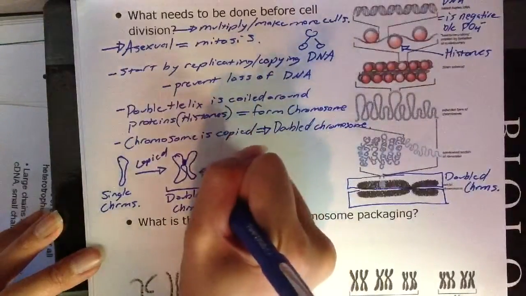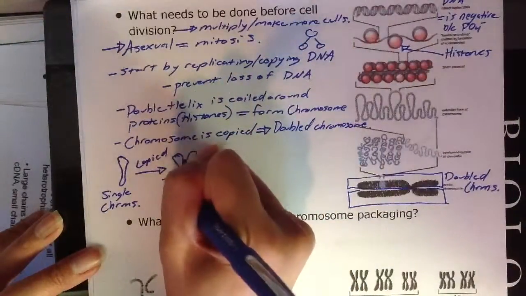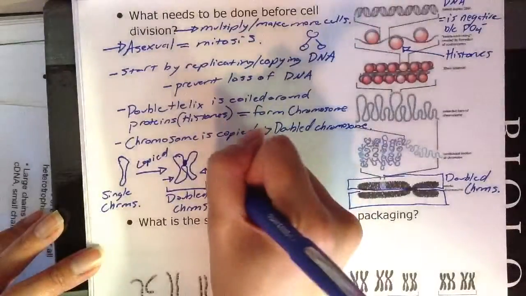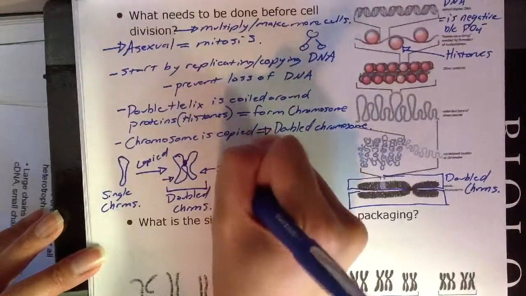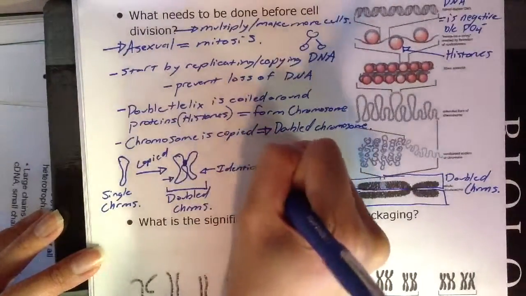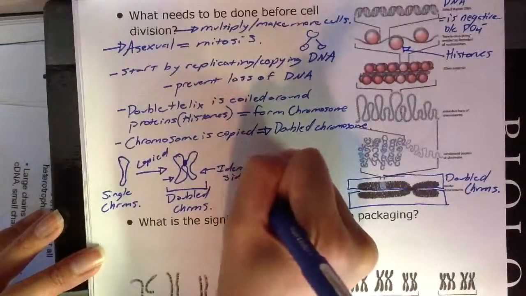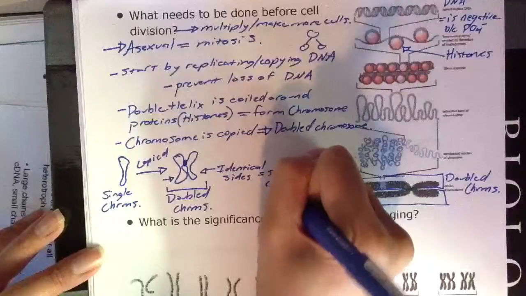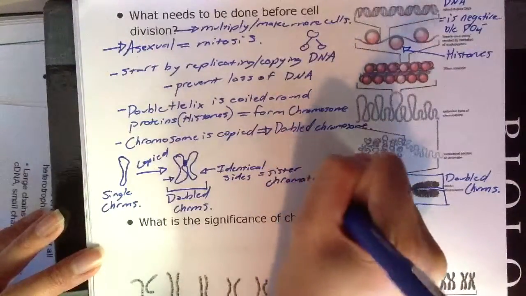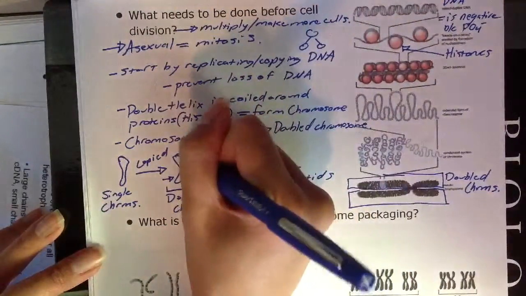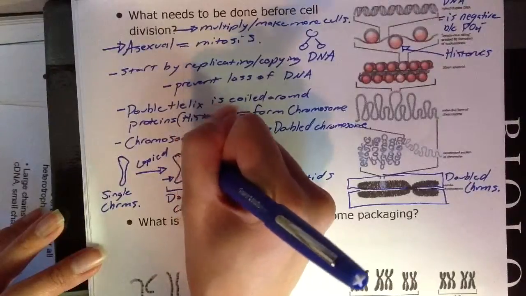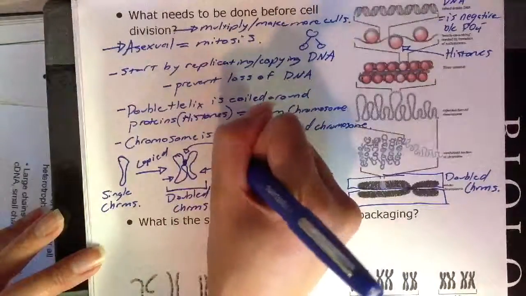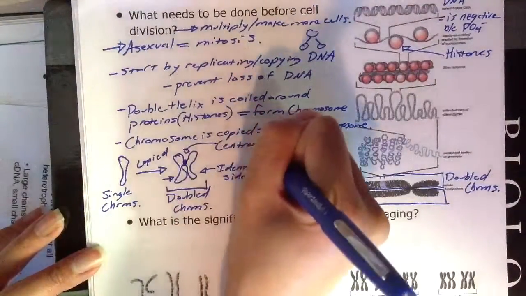Okay. Each side of this chromosome, each individual side, is going to be identical. And these identical sides are known as sister chromatids. The other thing that's important here is that center structure that you're seeing is known as a centromere.